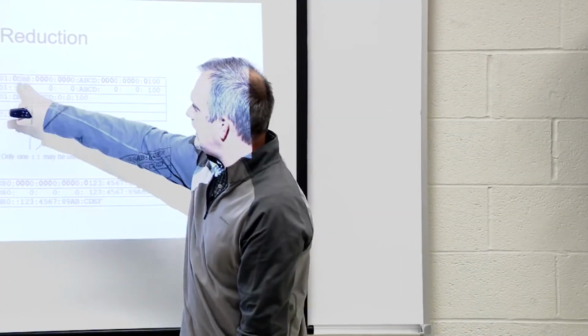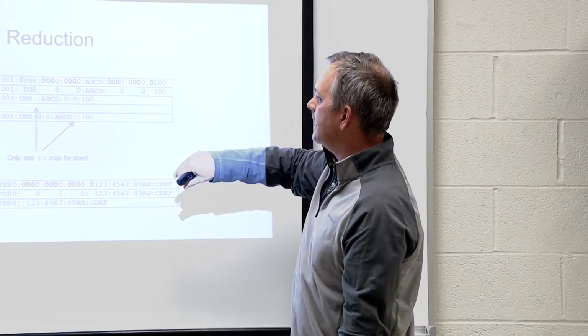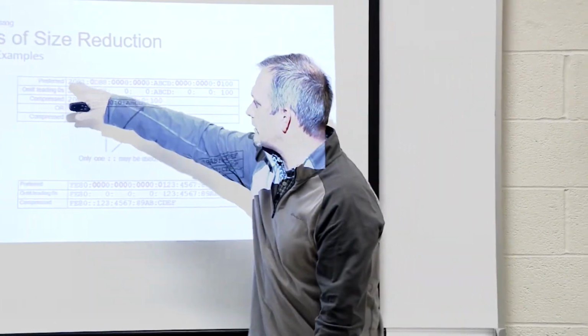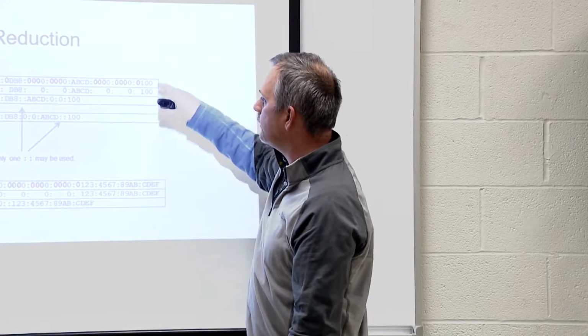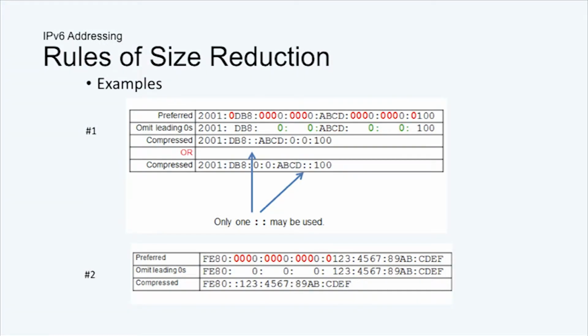In this case, we see a regular IPv6 address expressed in normal notation, condensed down using the rules of compression by eliminating leading zeros and compressing successive zeros. We get a smaller, easier to use address.